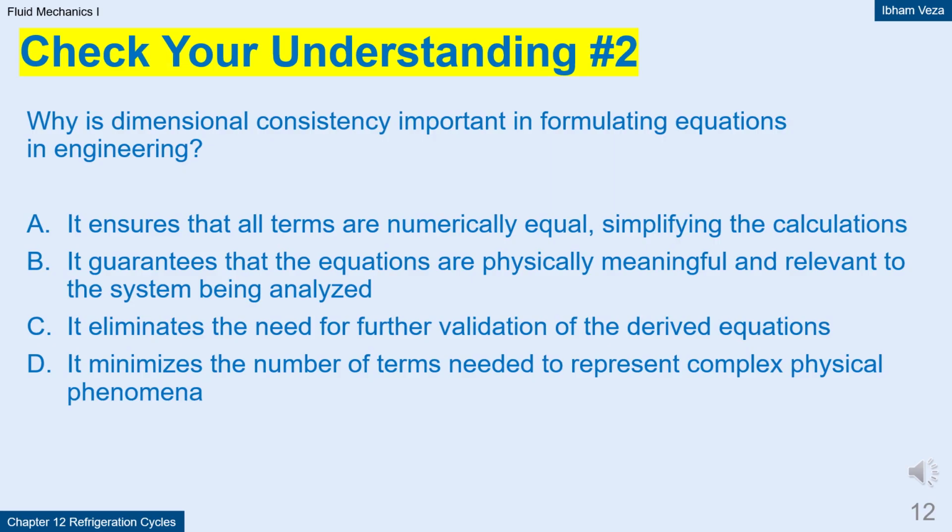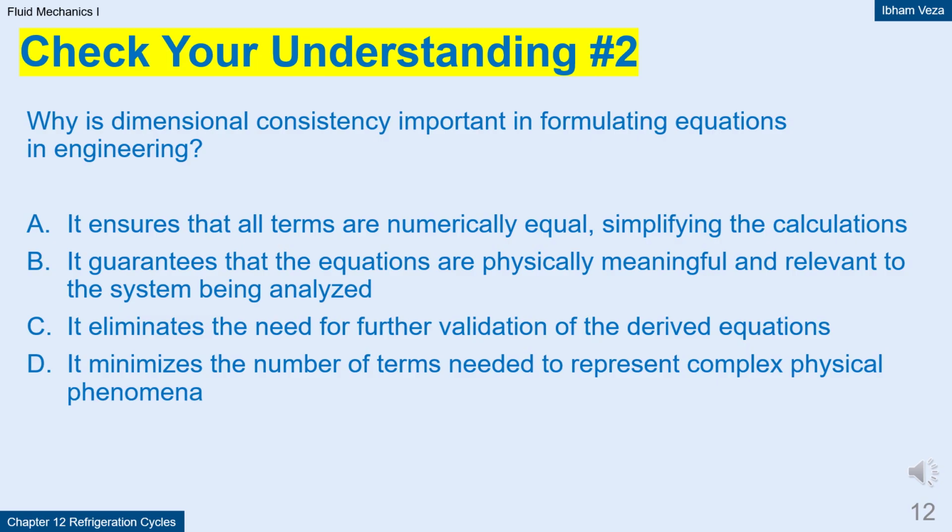Check your understanding number 2. Why is dimensional consistency important in formulating equations in engineering? B. It guarantees that the equations are physically meaningful and relevant to the system being analyzed. Explanation.